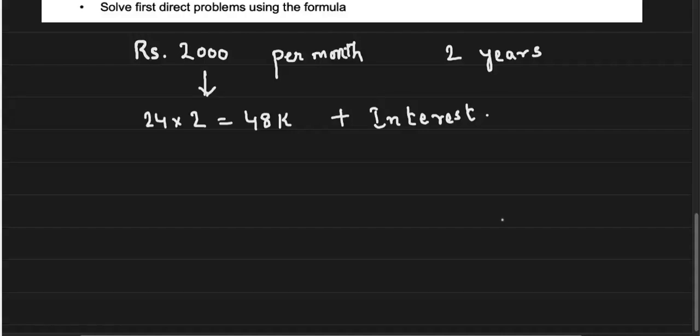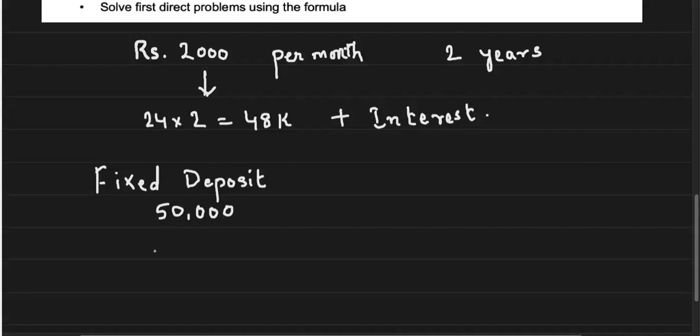What's the difference between an FD and an RD? What happens in a fixed deposit? You keep the money at the beginning of the term. On day one, you keep the lump sum amount of, for example, 50,000 rupees, and you don't pay anything in between. For example, if the period is 2 years, you don't pay anything during these 2 years in a fixed deposit.